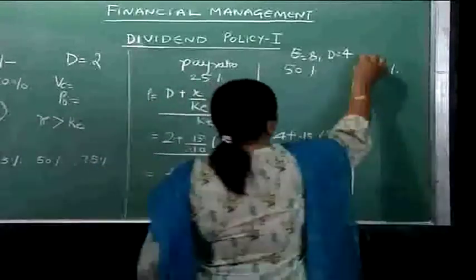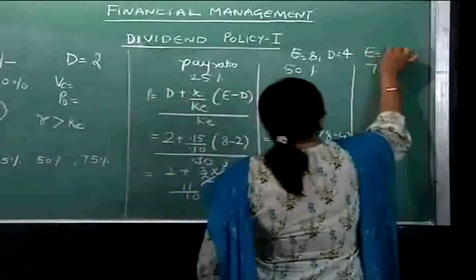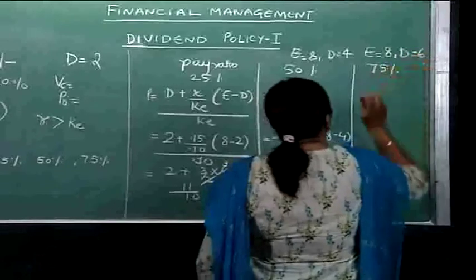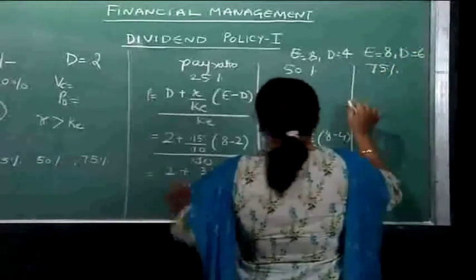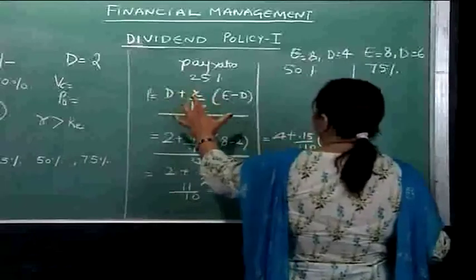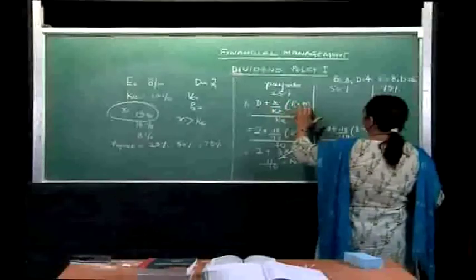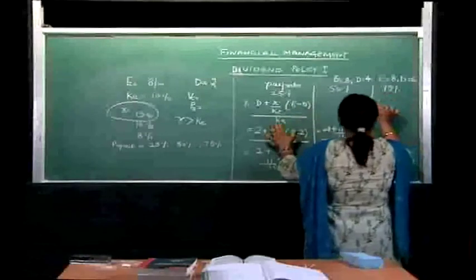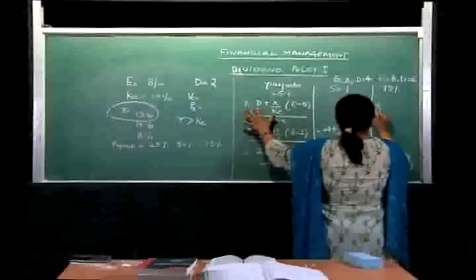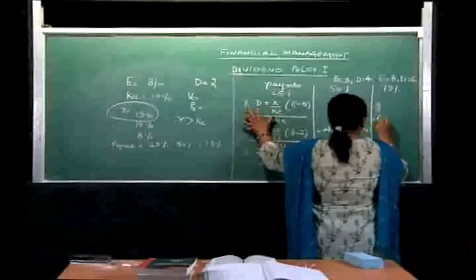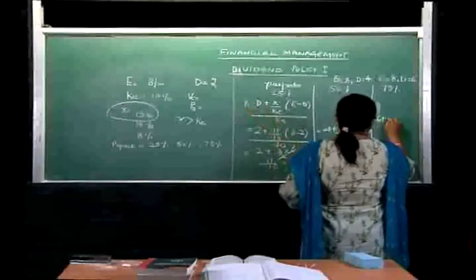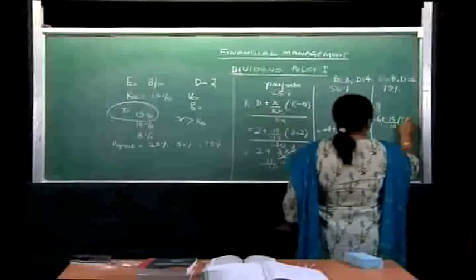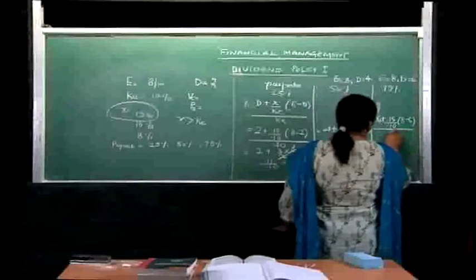Similarly for 75%, where E is 8 and D will be 6 rupees. So putting the values into this formula of D plus R upon KE bracket E minus D bracket close divided whole this by KE, we shall write the value for D as 6 rupees plus 0.15 upon 0.10, 8 minus 6 divided by 0.10.